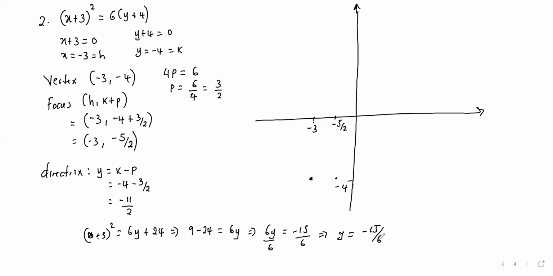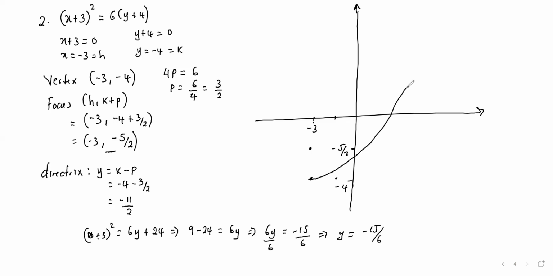Okay, so the point negative 3, comma negative 5 over 2 is actually which point? It's actually here. Negative 5 over 2. I'd gone on the x instead of going on the y. So it's supposed to be here. Okay. So we are going to cut at negative 15 over 6, somewhere in between these guys.